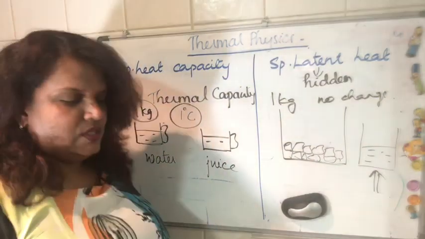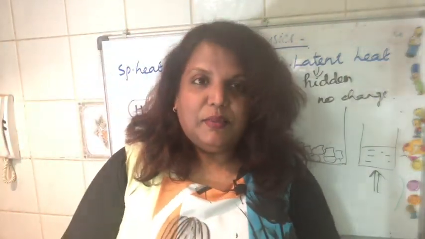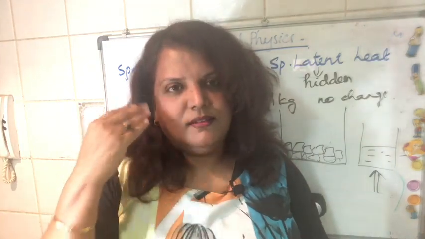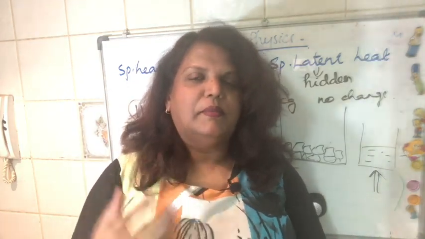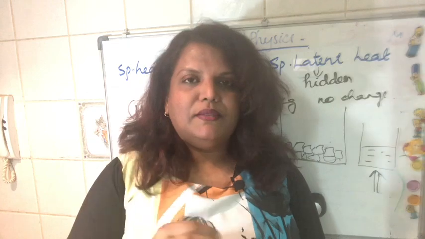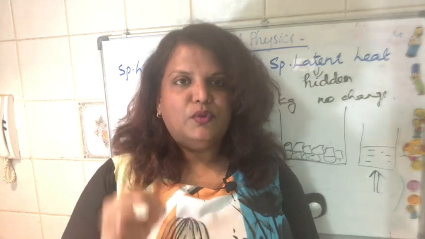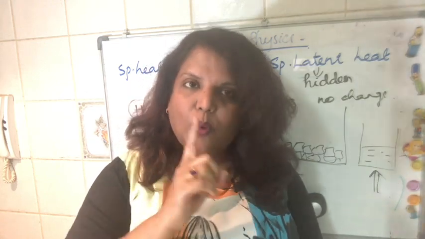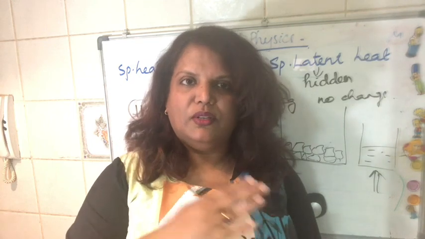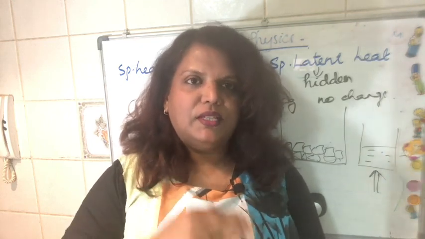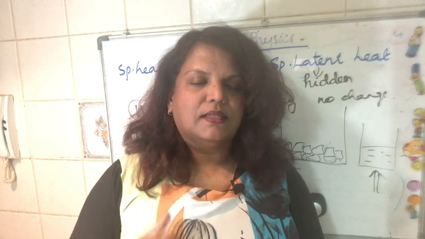I hope the definitions are clear. I'll repeat. You can pause and try to recollect and then compare your definitions. Specific latent heat of fusion is the energy required for 1 kg of a substance to change from solid to liquid. Vaporization is the change from liquid to gas.